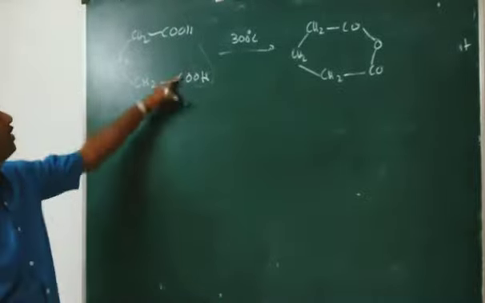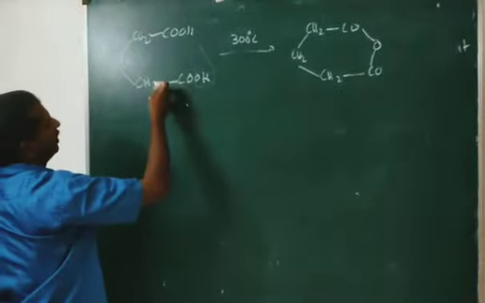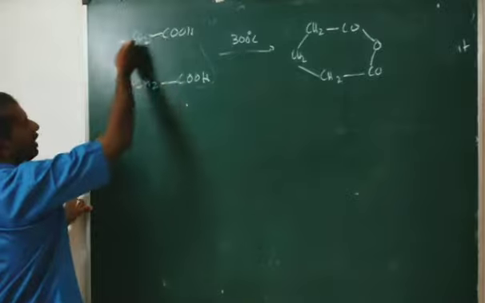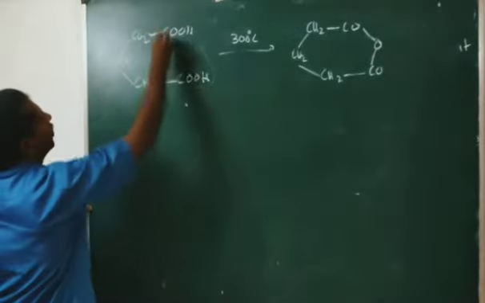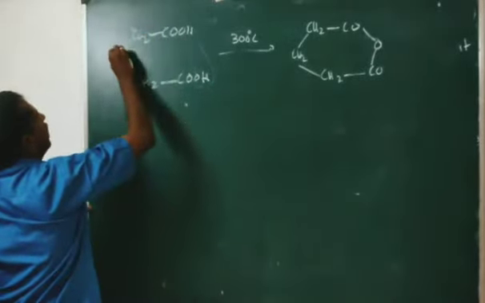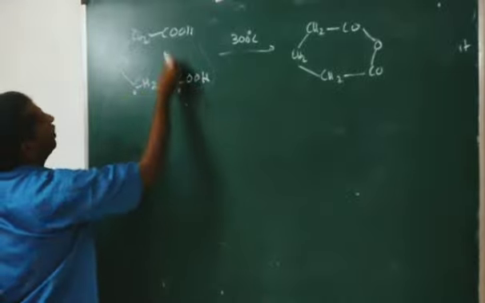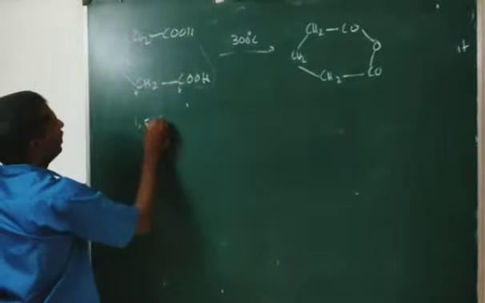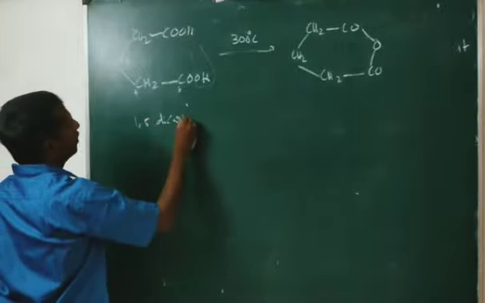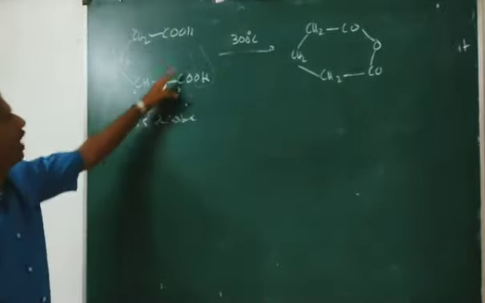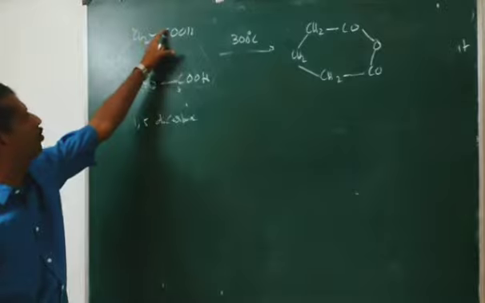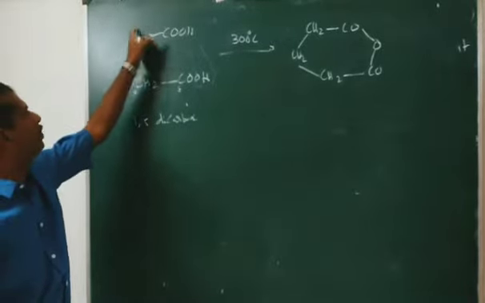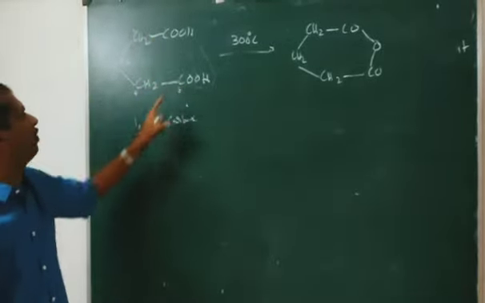This is dicarboxylic acid with three intervening carbon atoms, or you can call it 1, 2, 3, 4, 5. Where are the COOH groups? 1 and 5. This is 1,5-dicarboxylic acid, because the carboxyl groups are at positions 1 and 5.